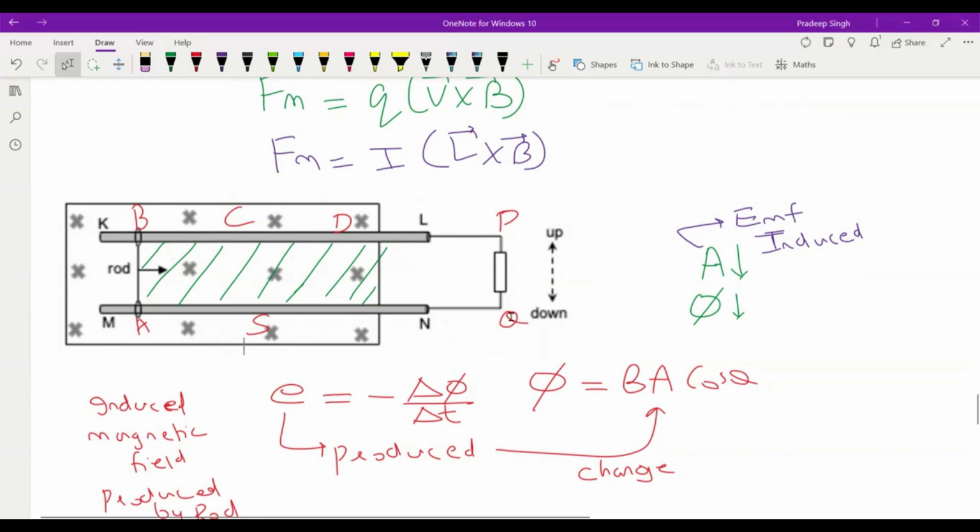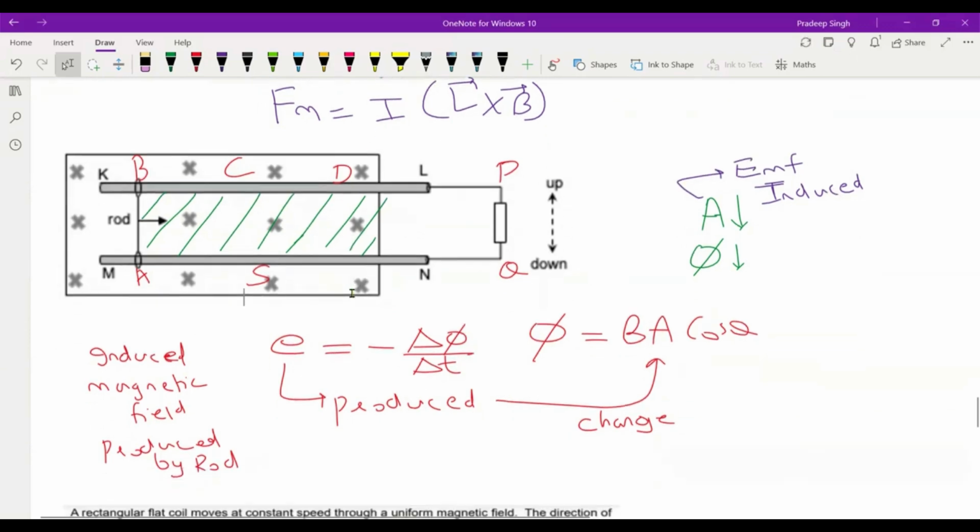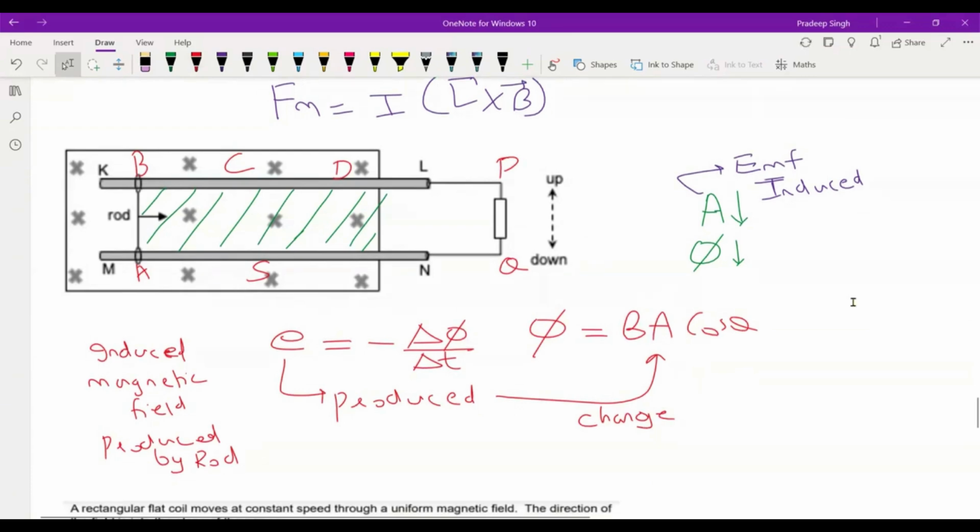But in the formula for flux, A stands for the area of the coil inside the magnetic field. That's why I have shaded this. Okay, right? So now this particular area is reducing.